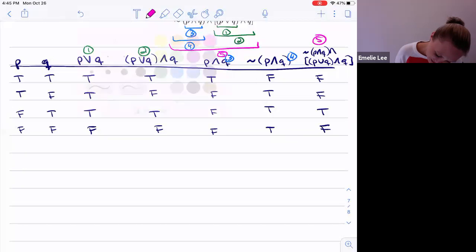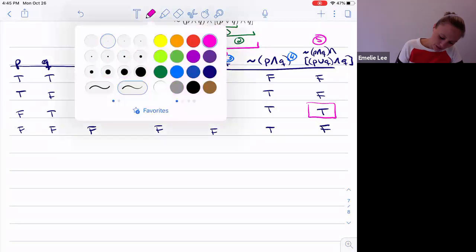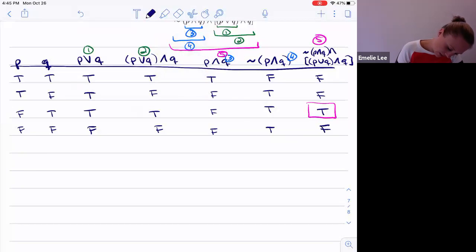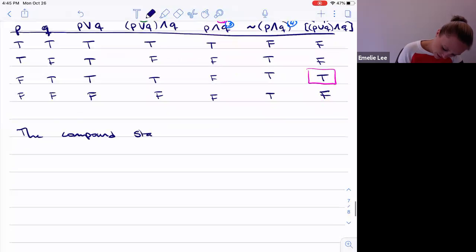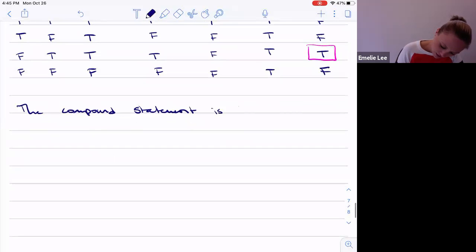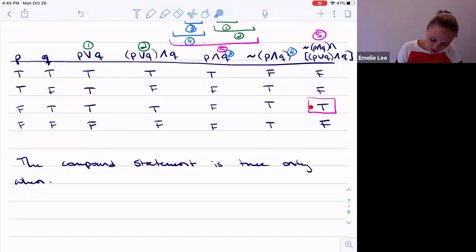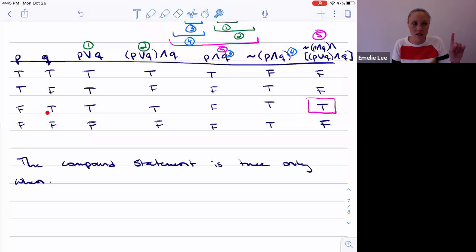So here, what we're finding is this is the only statement that's true. And so what we can say is that the compound statement is true only when you trace across here, it's only true if P is false and Q is true.